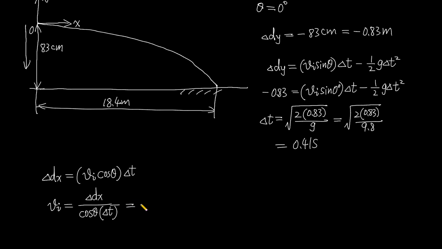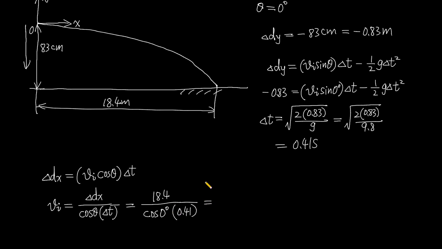And this equals the horizontal displacement is 18.4 meters. And cosine theta is 0 degree. And multiply the time interval 0.41 and cosine 0 degree equals 1.